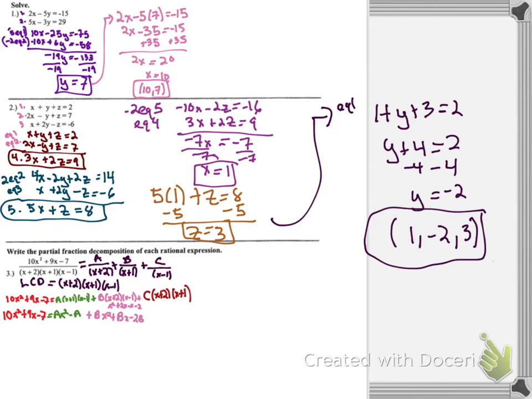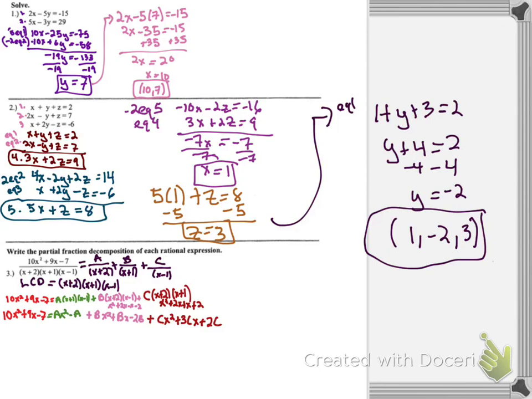And then the last part is that c. And so with c, we get x squared plus 2x plus x plus 2, which brings me to cx squared plus 3cx plus 2c.